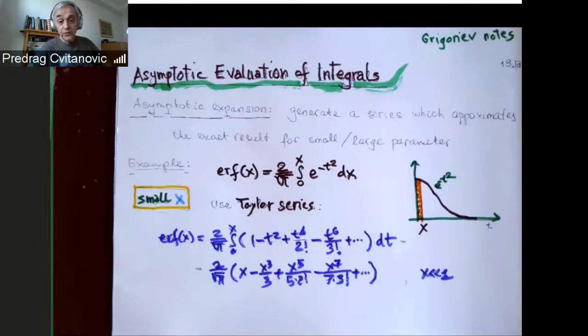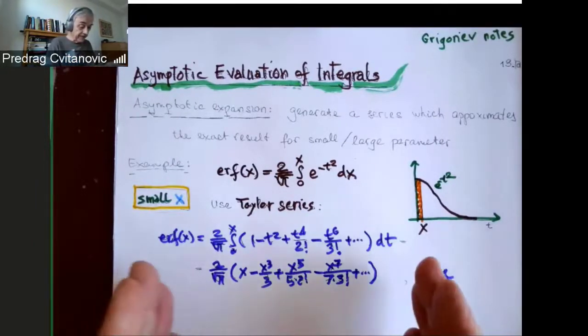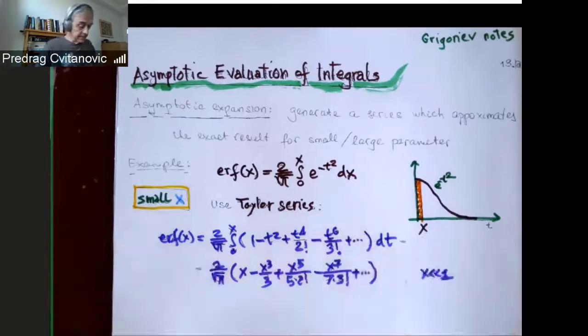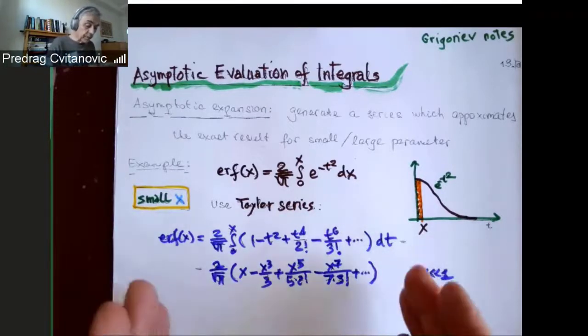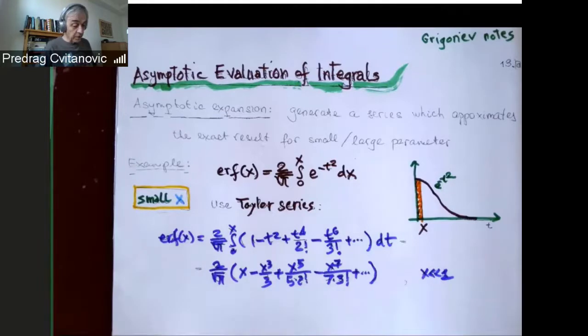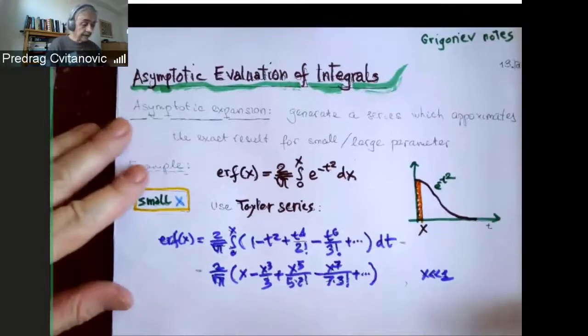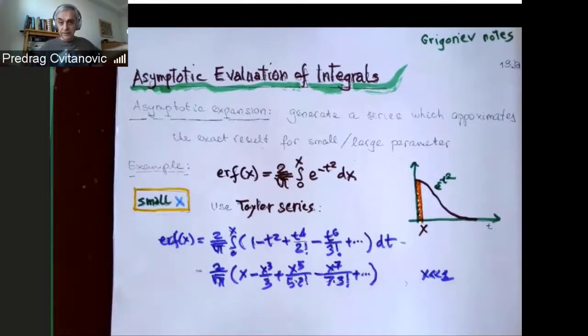And that series, it's exponentials, it's always correct. But now suppose I want to compute this not for x equals 0.1, but for x equals 10, 100. I want to understand what's happening on the tail of the Gaussian. What error am I making by not taking care of that?